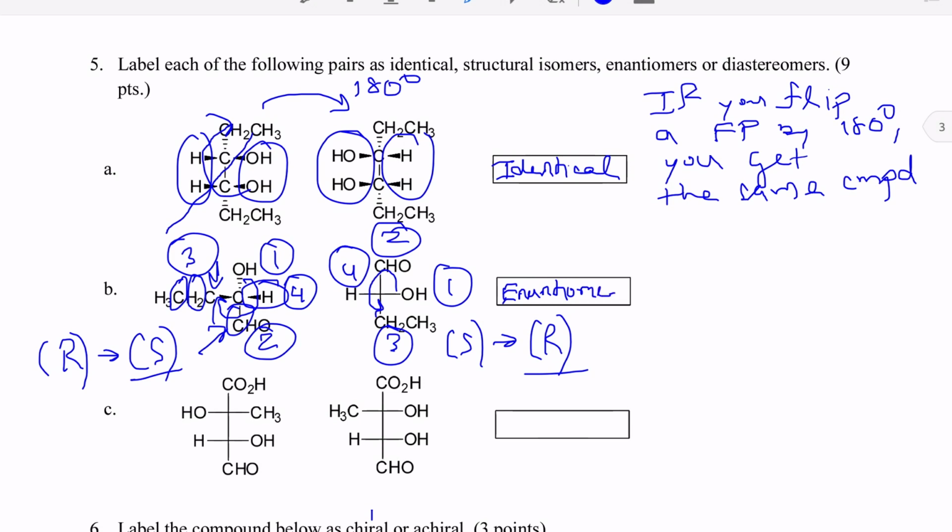Enantiomers always have all of their stereocenters flip or change their configuration. So that's a good way you can tell whether or not a pair of compounds are enantiomers, because each of their stereocenters basically changes configuration. It's just a binary state, right? You could either be R or you could be S if you're a stereocenter.